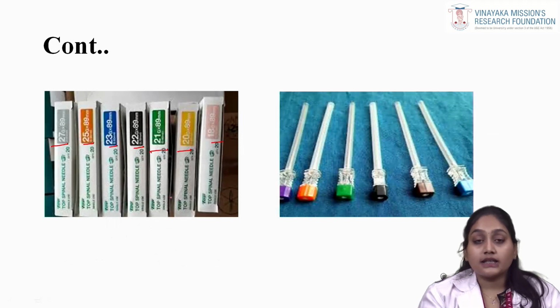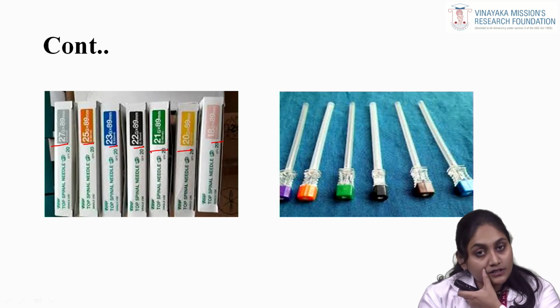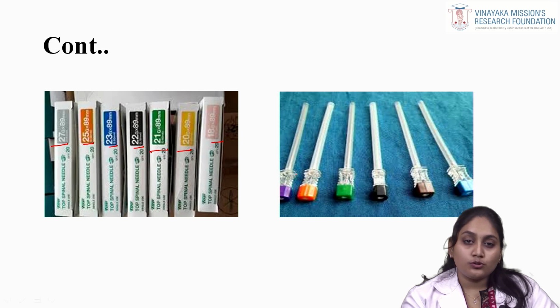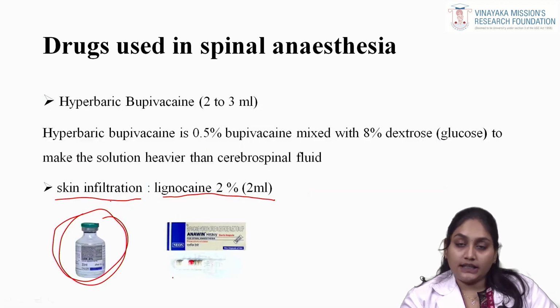Next important topic is color coding of spinal needles. The most commonly used spinal needle is the Quincke needle, which is a dura cutting needle. These Quincke needles are color coded according to the gauge. Commonly used Quincke needles for adults are 25 orange, 23 blue, 26 brown and 27 grey. Next, drugs.